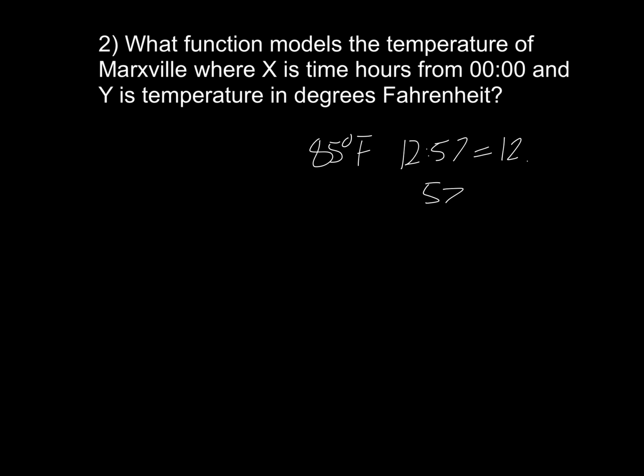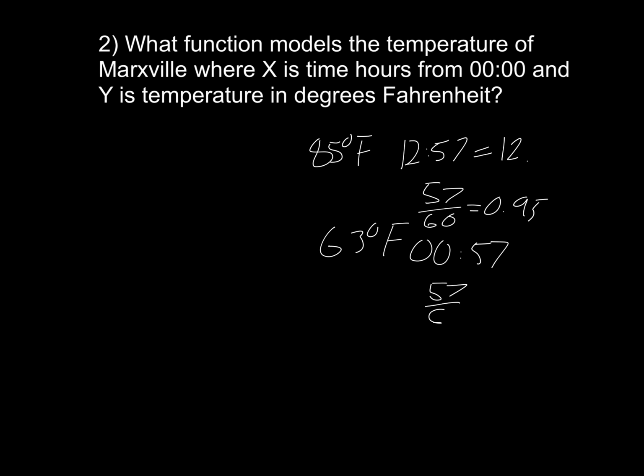So 57 over 60 equals 0.95. Now we see that the minimum temperature of Marksville is 63 degrees Fahrenheit at 0057. So this means that it's 57 over 60 equals 0.95.